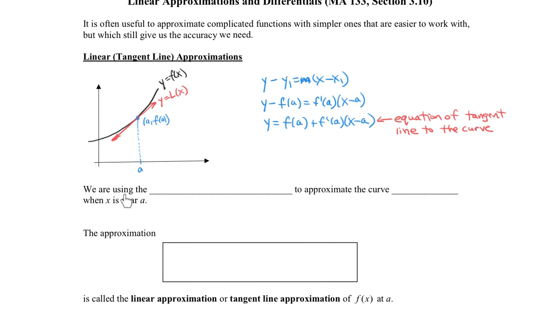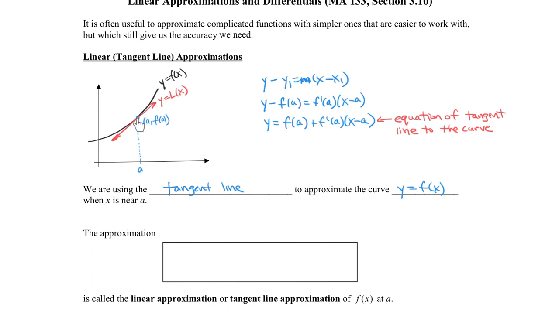So continuing here, we are using the tangent line to approximate the curve y equals f of x when x is near A. Now you can see this is only going to be a good approximation when x is near A, because remember, when x is equal to A, the curve and the tangent line are equal to each other.